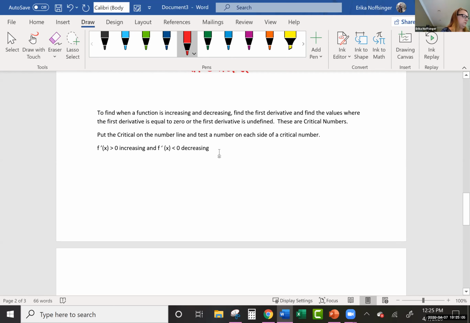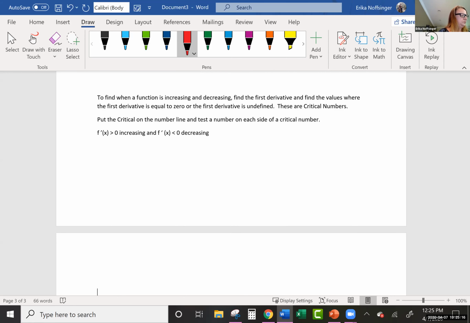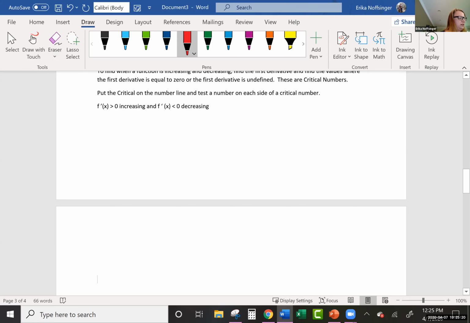So let's look at an example. How about g of x is equal to x all times the square root of 8 minus x squared.